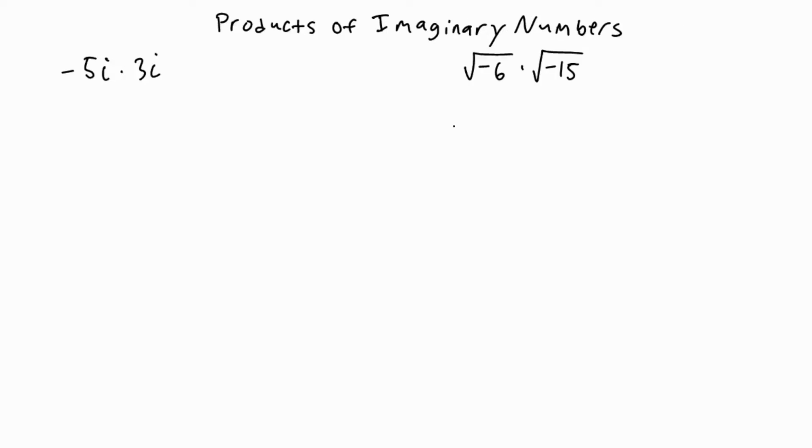All right, now we're going to find the products of imaginary numbers. So, in the first one, just like we were multiplying variables, do the same thing here. So, -5 times 3, you multiply the coefficients first, you get -15. And then i times i, you add the exponents, and we say there's a 1 in each one.